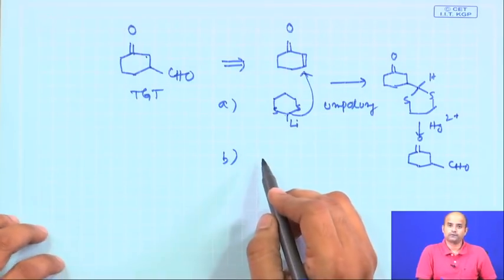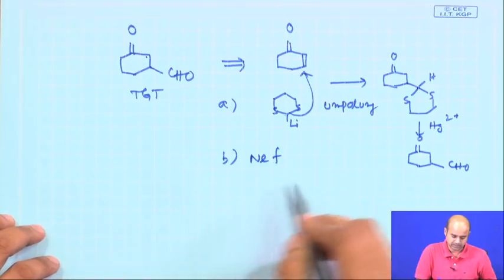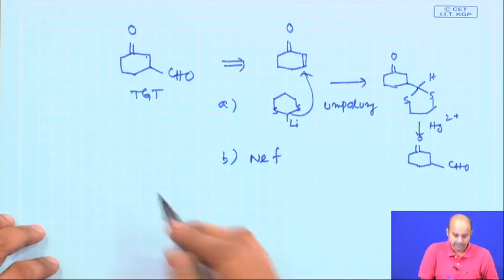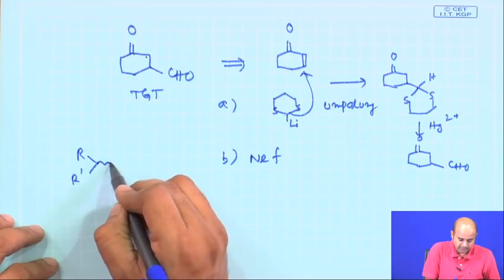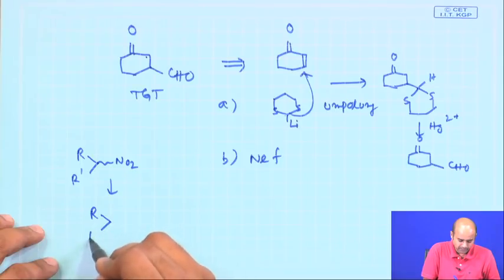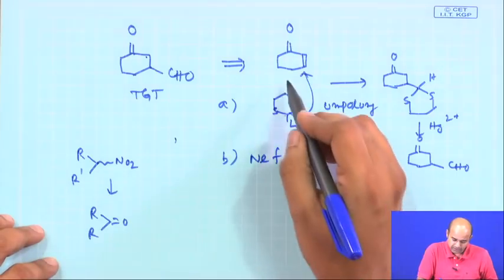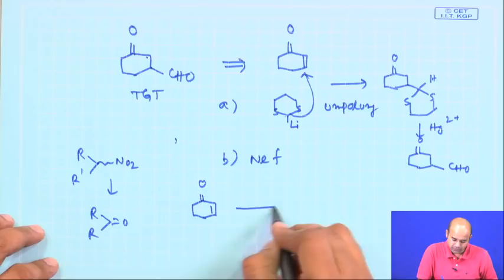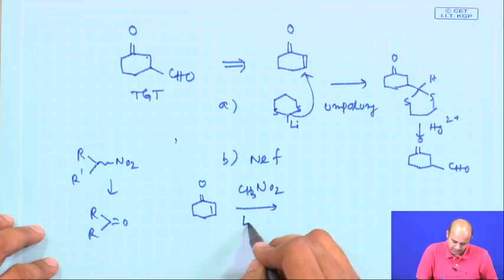Eventually, there are other ways. Try to remember, we have talked about a reaction called the Nef reaction. In this case, for the Nef reaction, the disconnection will be something like this. You have a nitro compound that will be converted to the corresponding ketone compound. So, what will be your approach? You take this starting material, cyclohexenone, and react with nitromethane and a base.